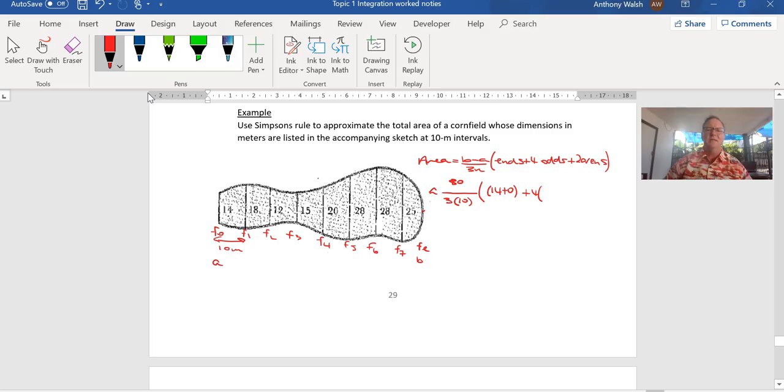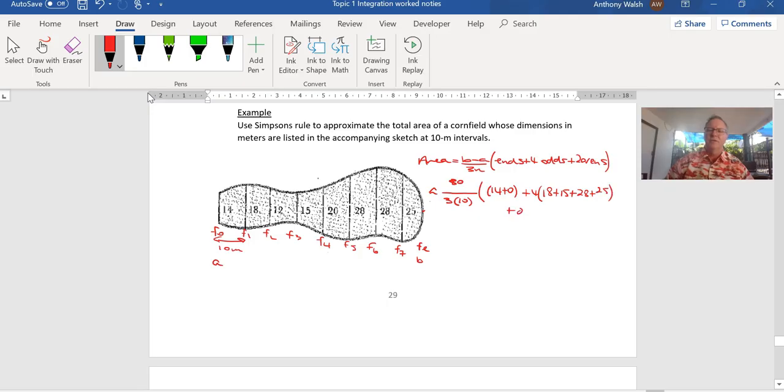So that is 4 times 18, which is f1. Add that to 15, which is f3. Add that to f5, which is 28. And add that to f7, which is 25.